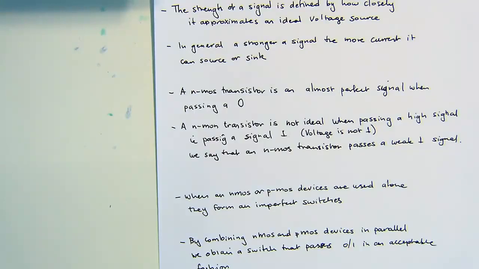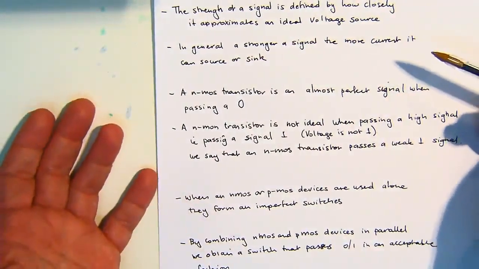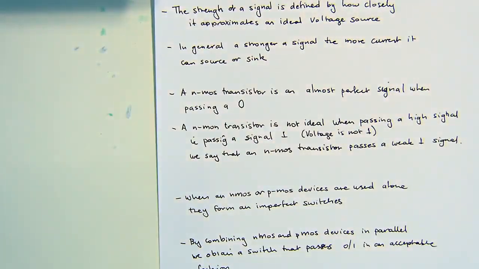I'm a very simple creature, you can tell that I'm not very advanced, because the answer must be here, because I'm talking about signal strength. Essentially, a PMOS device has high strength when it's pushing a 1, and an NMOS device has high strength when it's pushing a 0.